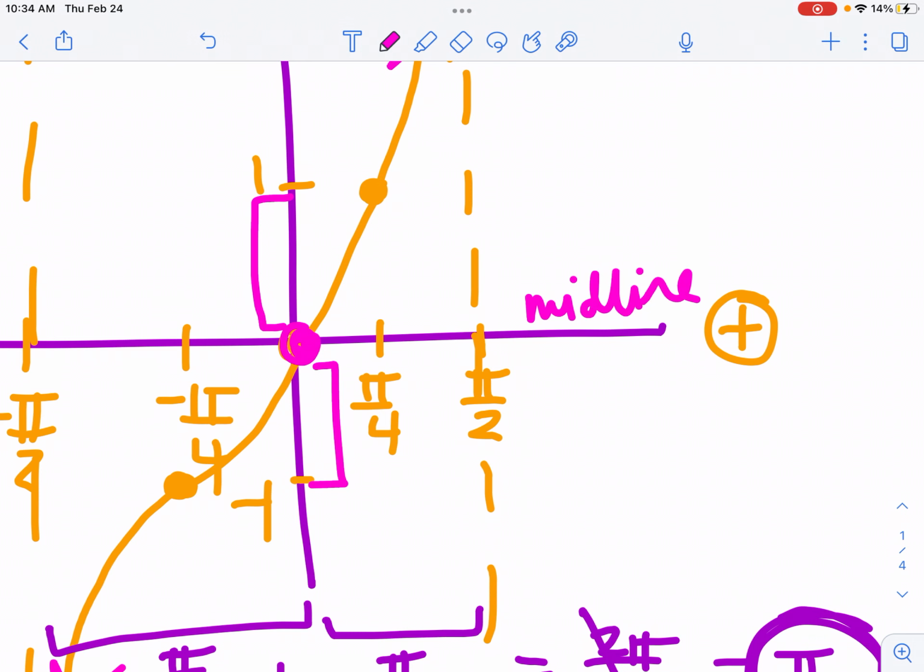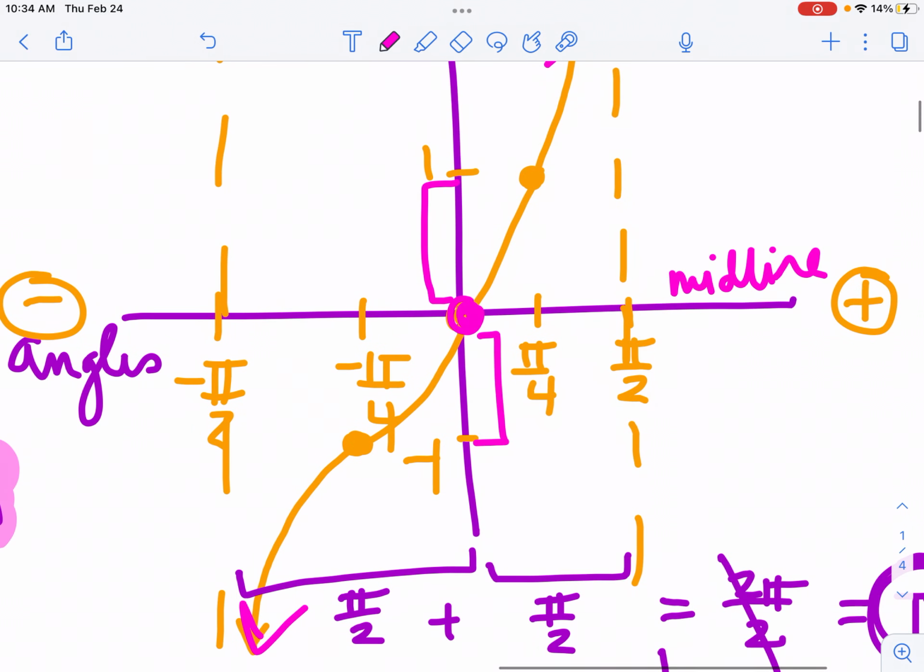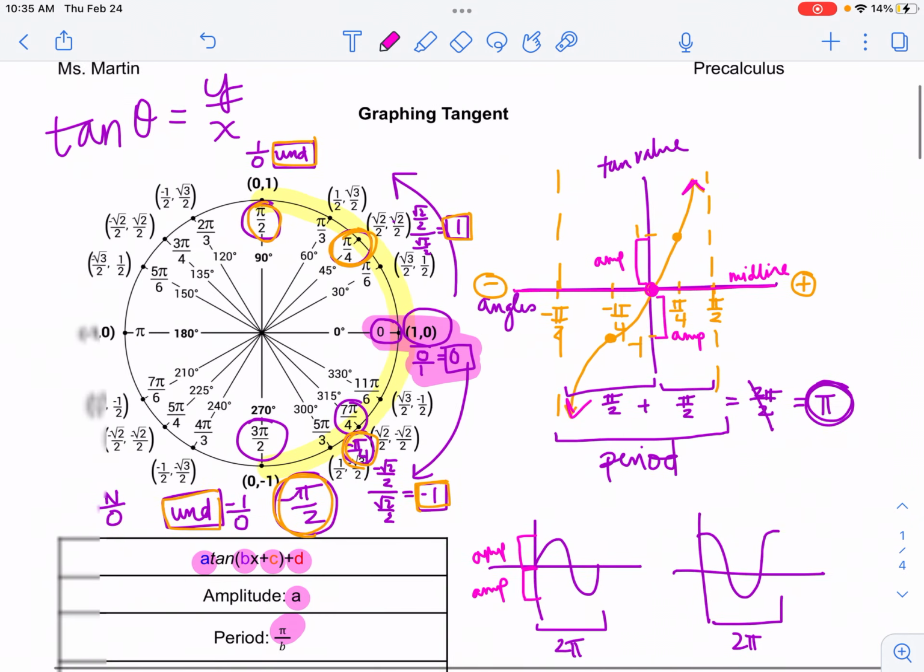Just like sine and cosine, the standard graph has a midline on the x-axis, and then it might move up or down. And then we have our amplitude on the y-axis. Very similar setup on the axes. What's different is when you go to plot the points and connect the dots, it changes a little bit, but still with very similar concepts.